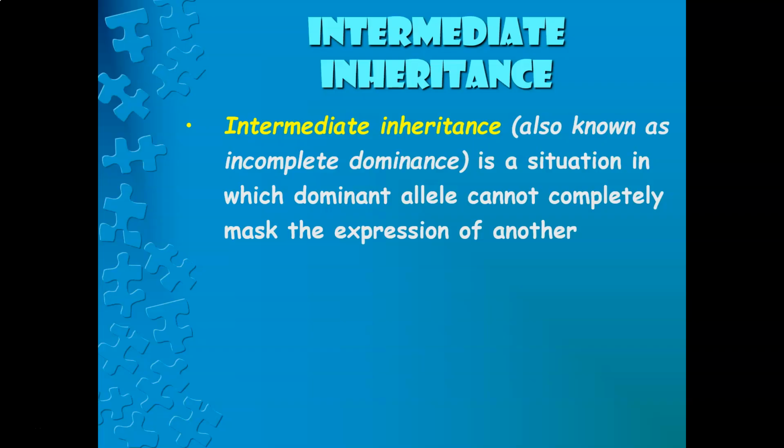So although they've got both a dominant and recessive allele, they're producing two separate proteins. And when we see an individual who's heterozygous, that dominant protein 100% masks the fact that that recessive protein still exists in the cell. But when we get to a situation with intermediate inheritance or incomplete dominance, that dominant allele isn't able to 100% mask the recessive one.